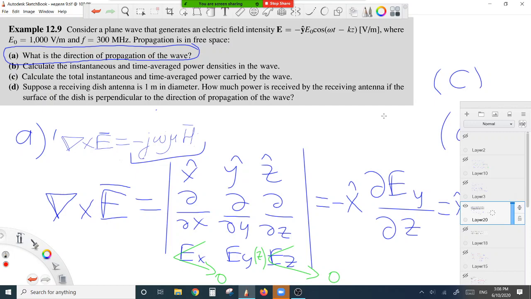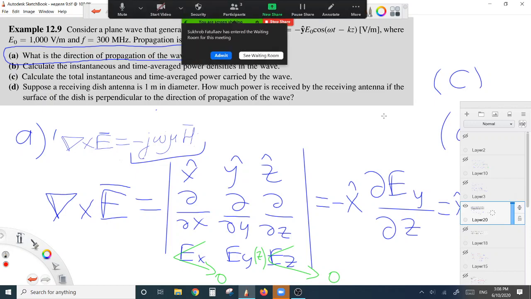The power density is uniform throughout space and does not depend on location, except for phase, and therefore both the total instantaneous and time average power are infinite.